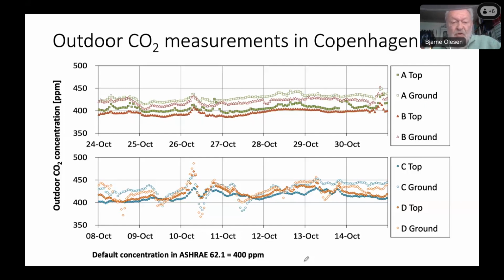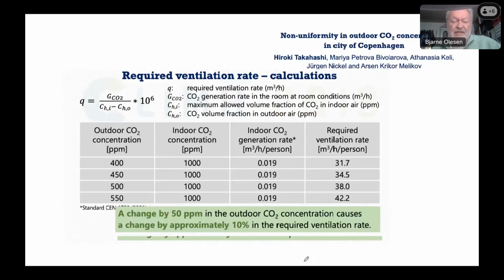But if you don't, you may have an influence on the indoor air quality. And if you calculate, then about 50 ppm change of outdoor CO2 concentration may change the required ventilation by about 10%. So the best is always to look at the difference between indoor and outdoor.